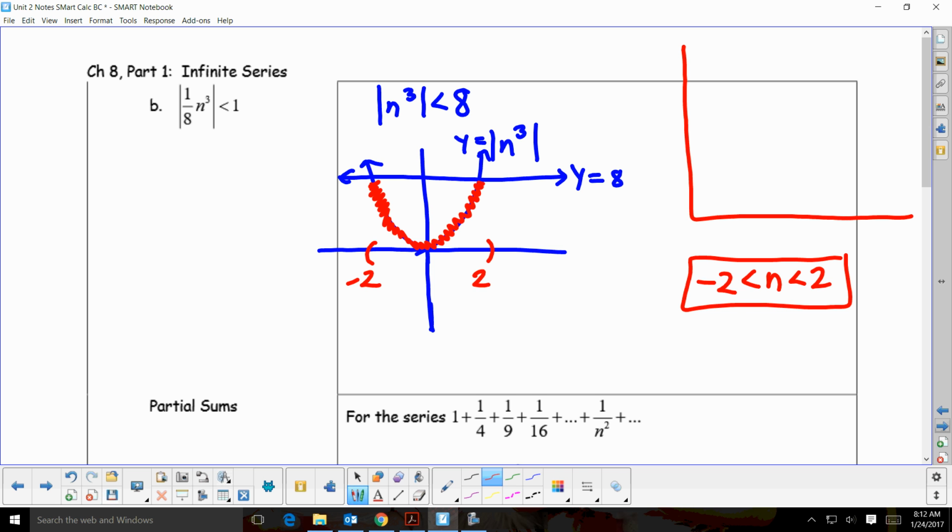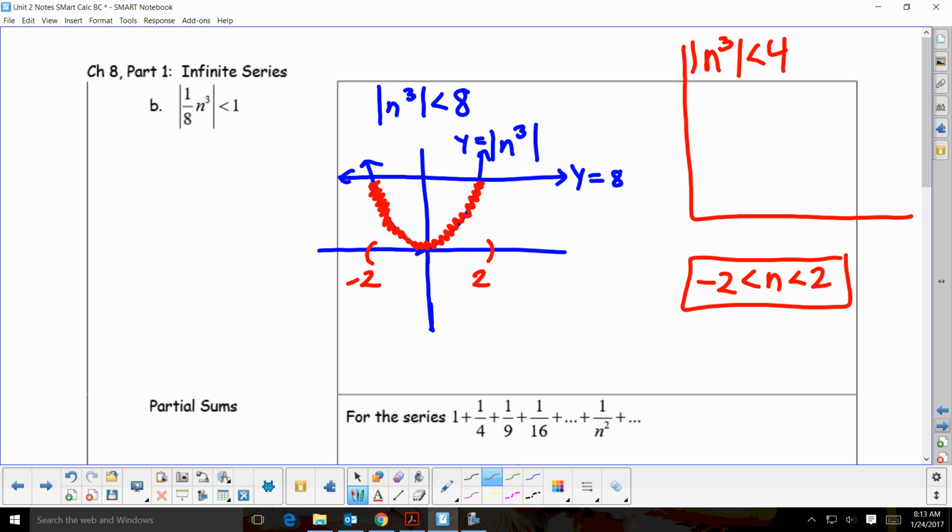Bang wants to try one that's weirder. So let's say that I had the absolute value of n cubed is less than 4. This next one he wants to try.